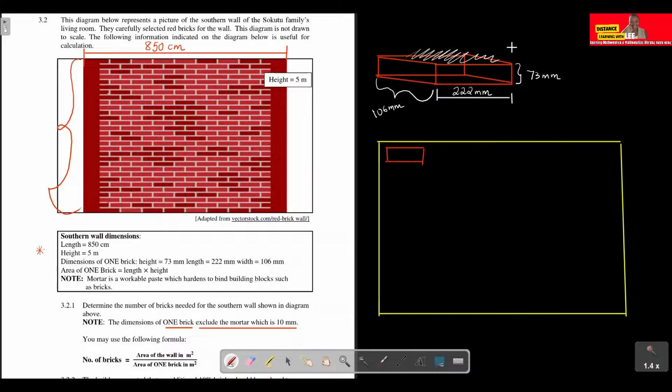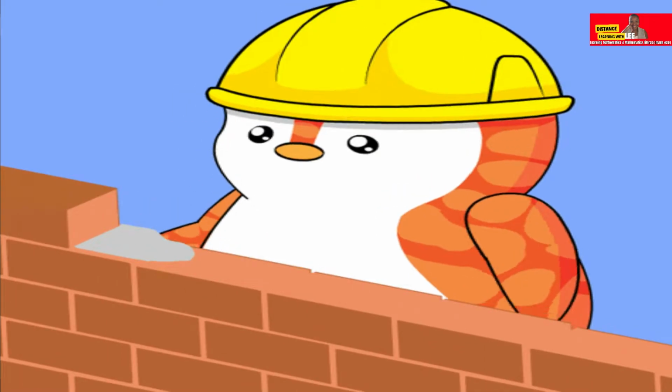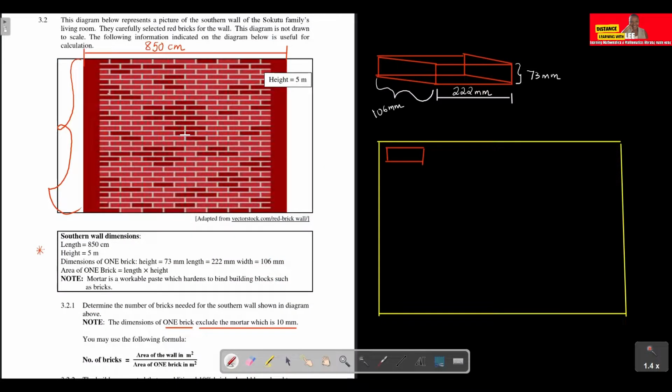So when they put that paste on your brick, how does that mortar affect the dimensions of your brick? Do you guys agree that if we now put this paste on top of our brick, the height, the length and the width of our brick are going to be affected? How is it going to be affected? It is going to increase by that 10 millimeters that is added.